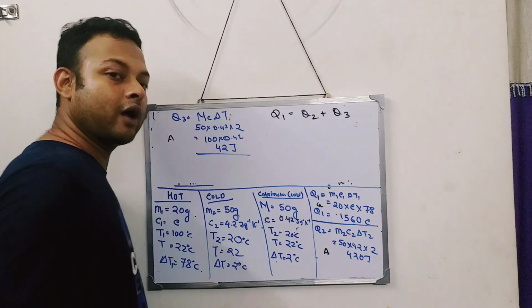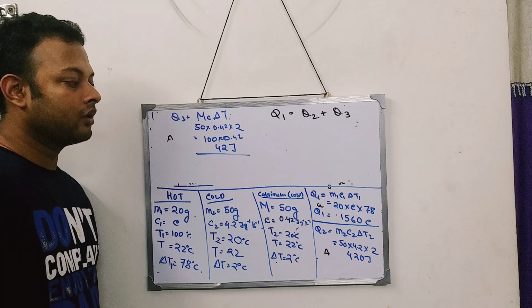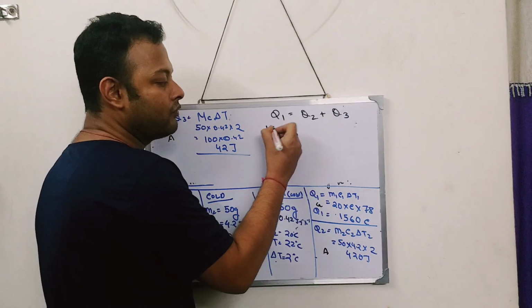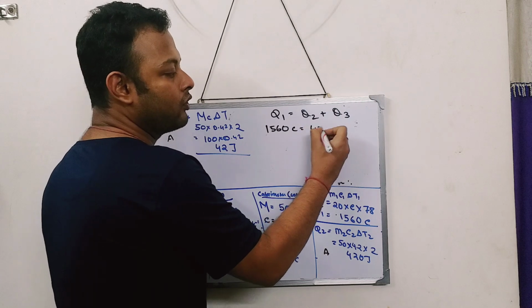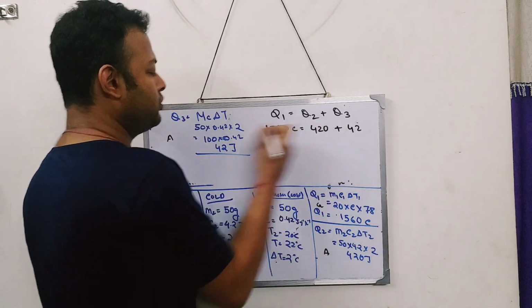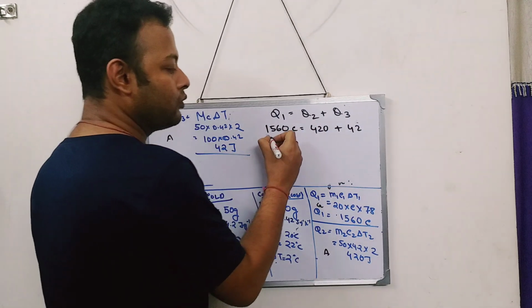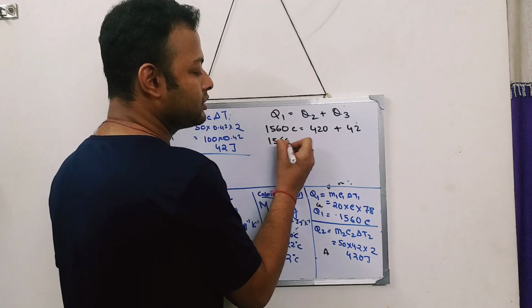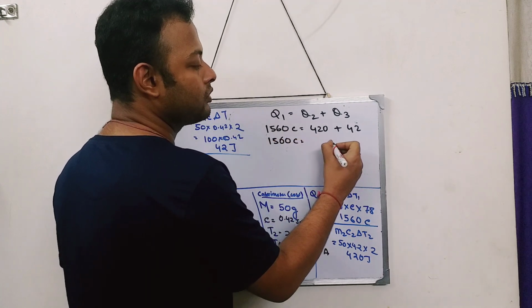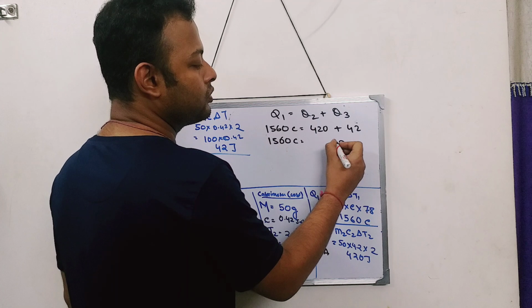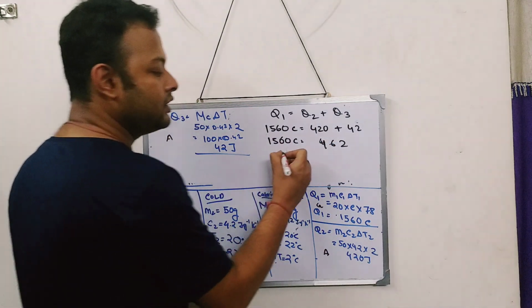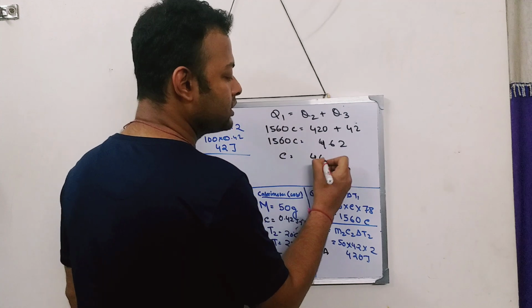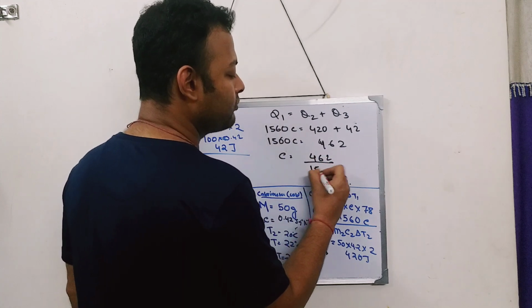Q1 is 1560 C, Q2 is 420, and Q3 is 42. If you add, 1560 C is equal to 462, and C is equal to 462 divided by 1560.